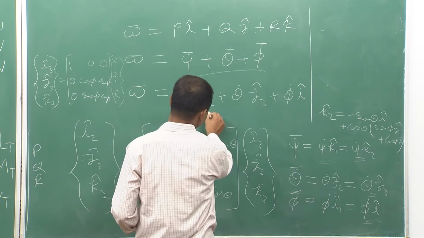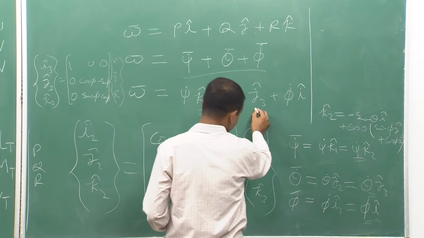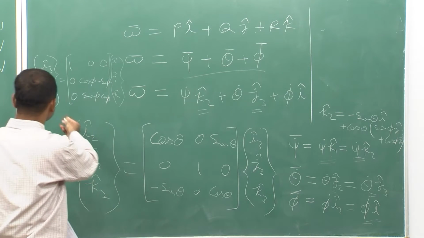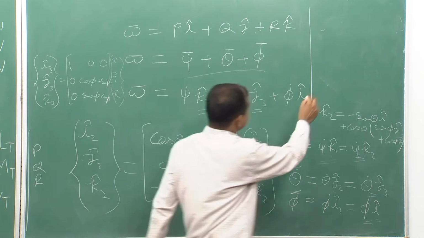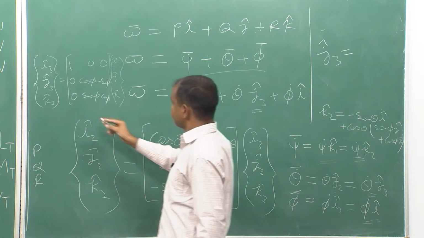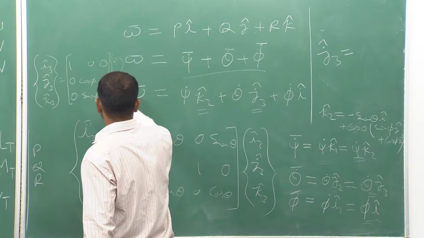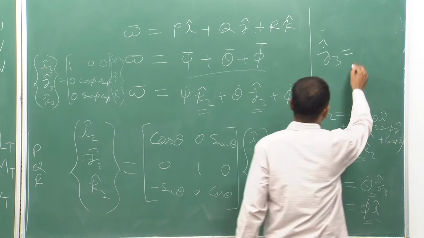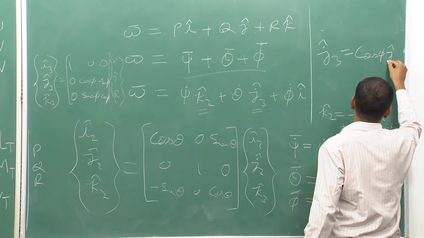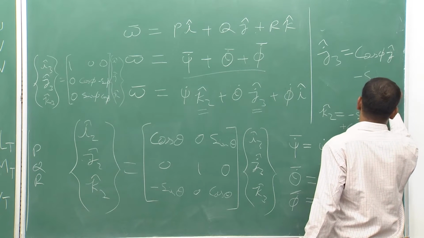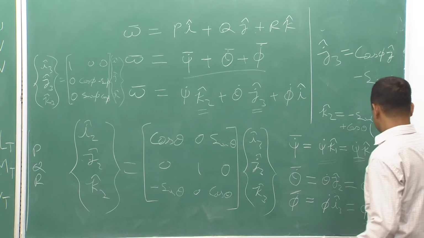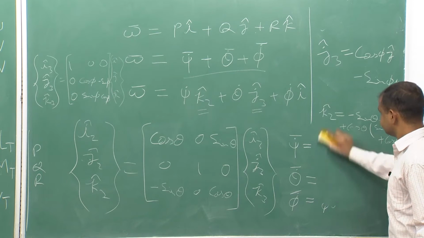So, this task is complete, and I have to find J3 also in terms of I, j and k, and from here I can write J3 is equal to cos phi j minus sin phi k. Now, we do not require these equations.